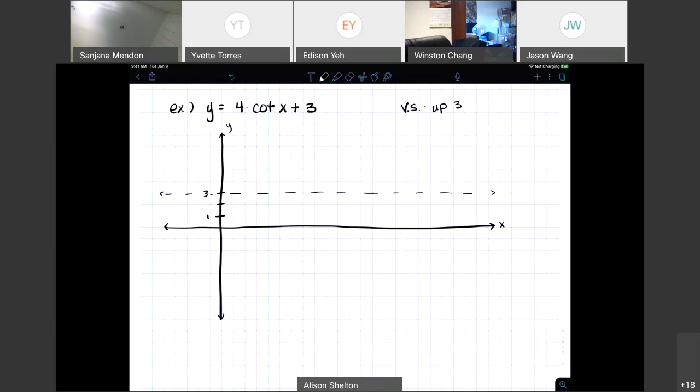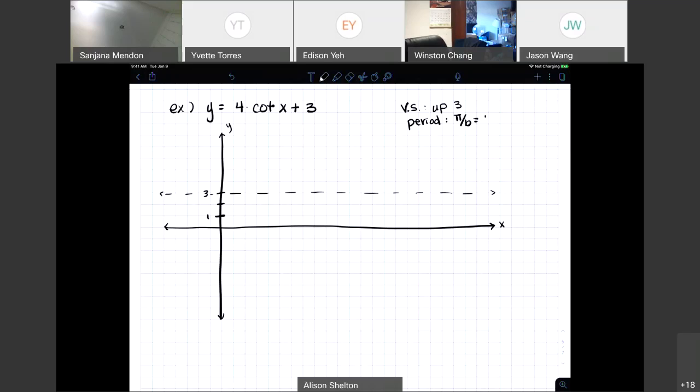Then we need to know what 1 period is. Cotangent is pi divided by b. In this case, b is 1. There's no number in front of the x.